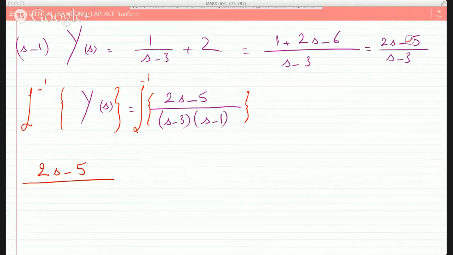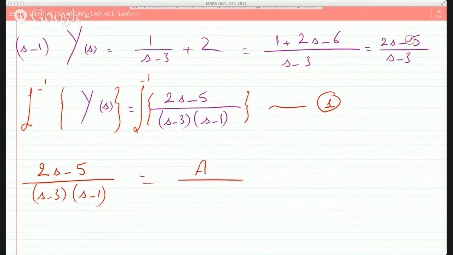I'm going to call this equation 1, move on, and I'll come back to it. 2s minus 5 over s minus 3 times s minus 1 is just A over s minus 3 plus B over s minus 1.